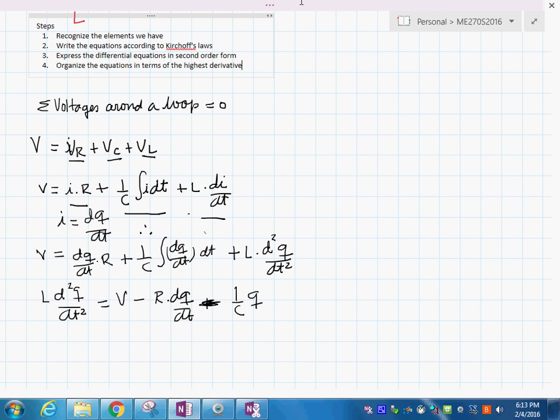The highest derivative is the term L d squared q dt squared.